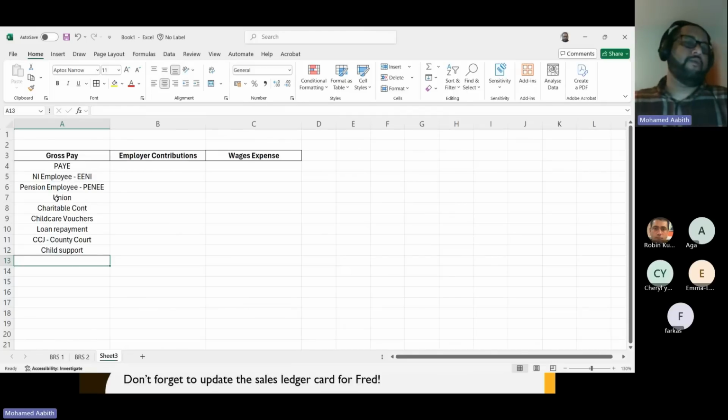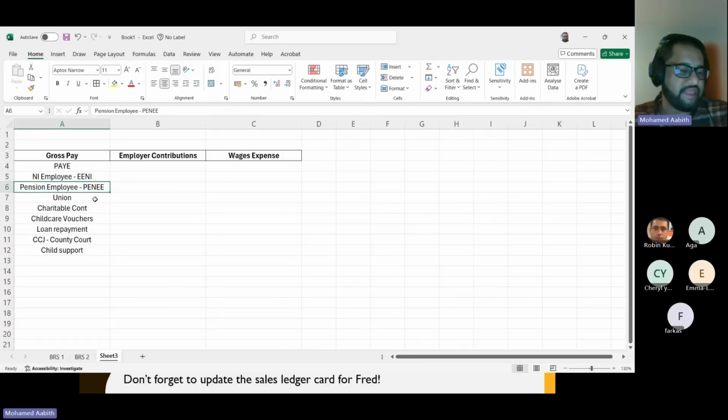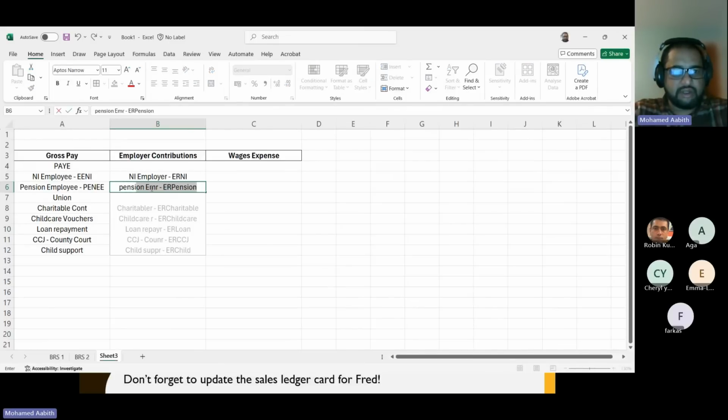So many things can go from your wages, but the employer also has to contribute two things, employer and employee. So it's going to be NI employee, and this one is employer. This is going to be called ERNI, the employer NI, and then this one is pension employer.